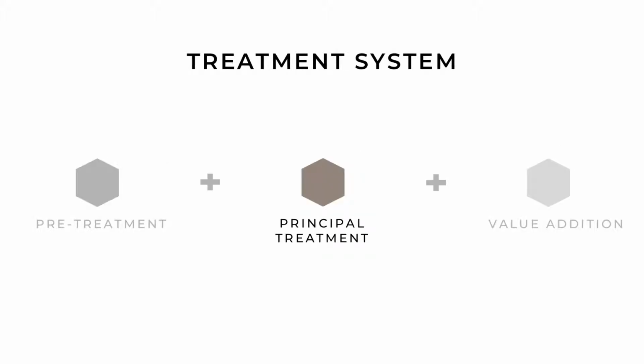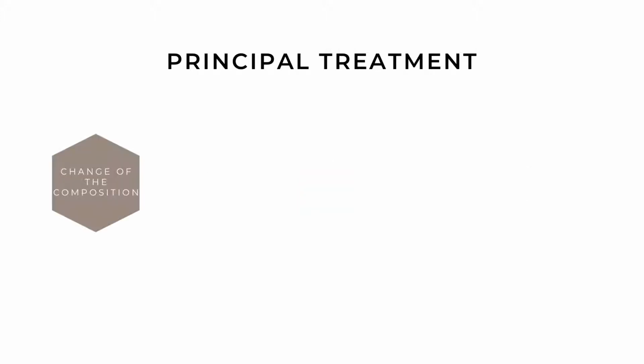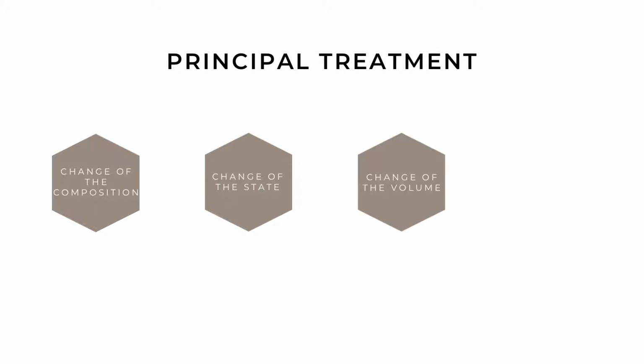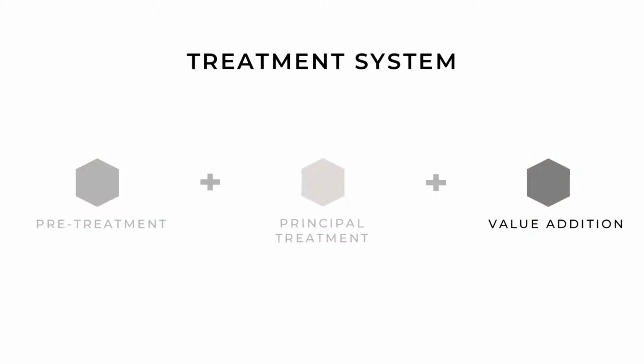After the pretreatment, the principal treatment transforms the waste into a product by changing its composition, changing its states, for instance, from solid to gas through biogas production, changing the volume, and reducing the pathogen content. Finally, the aim of the value addition or polishing is to increase the value of the product.